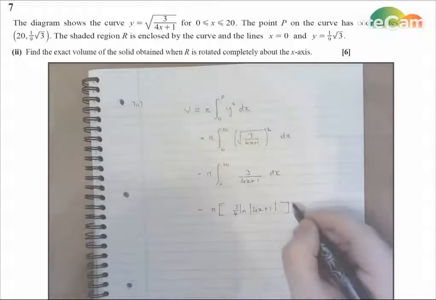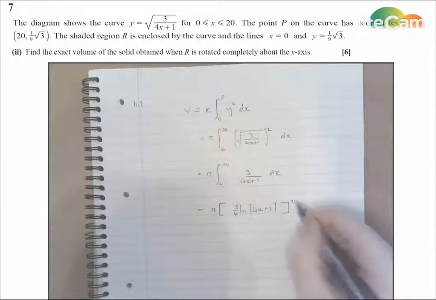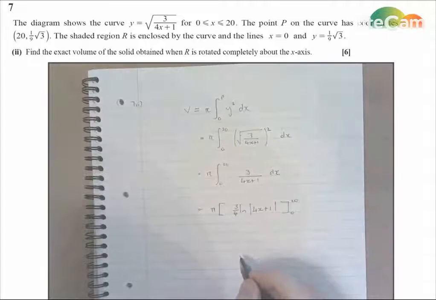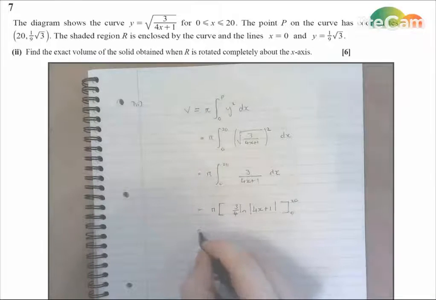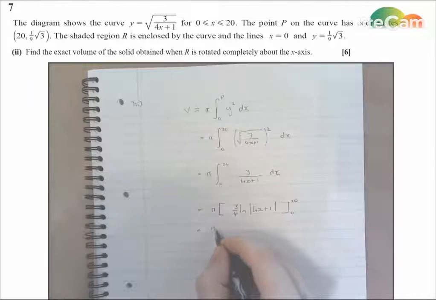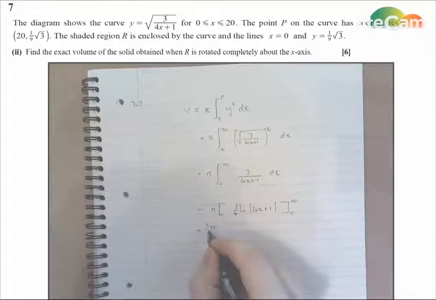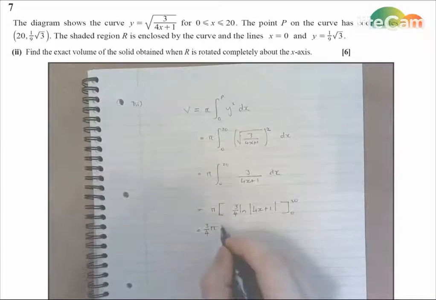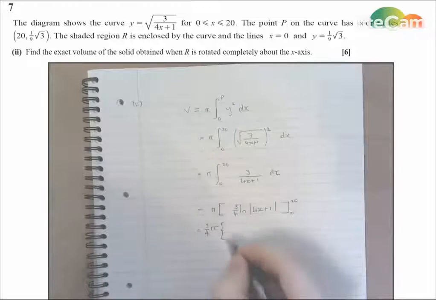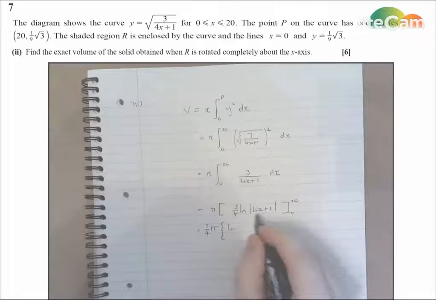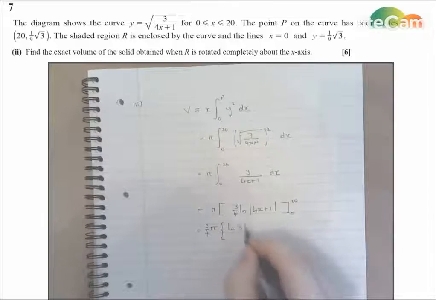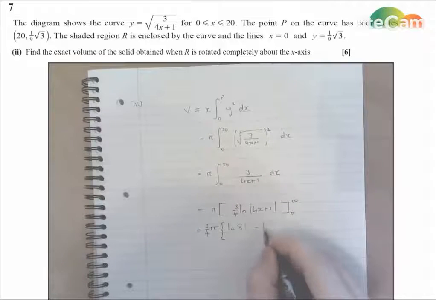So that's my integrand. Between 20 and 0, let's substitute in the limits. Let's bring the 3/4 pi out here as well, so we don't have to deal with that twice. We'd get log, well, 4 times 20 plus 1, we did that before, that's log 81, minus log, when that's 0, log 1.